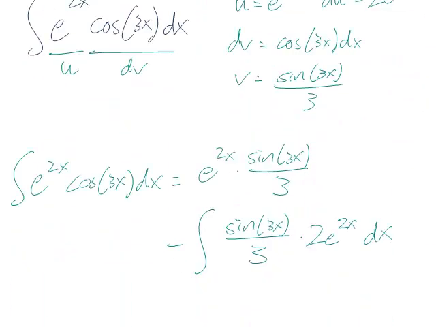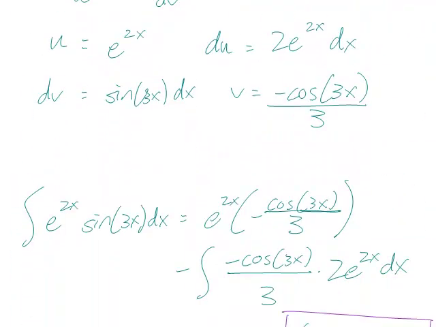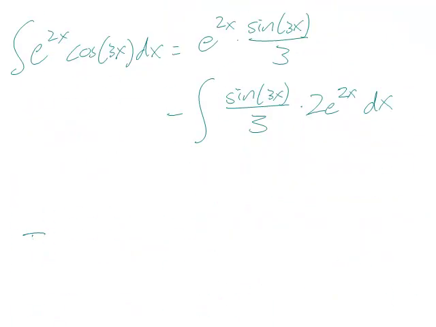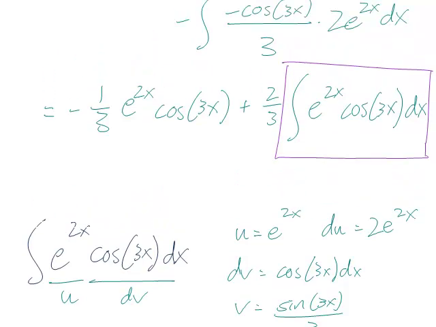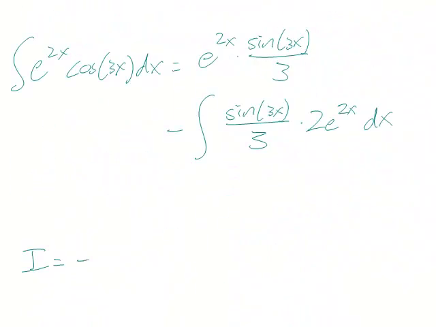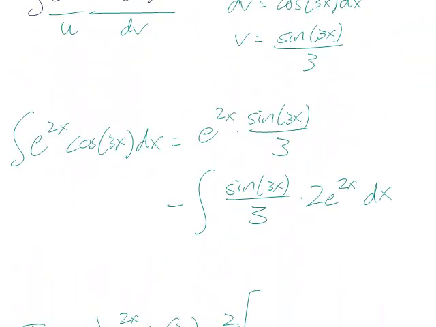That means that I, the integral of e to the 2x sine 3x, is equal to, let's go back up here, minus 1/3 e to the 2x cosine 3x, and then I had plus 2/3 times the purple box, and the purple box is, let me purple box this one as well.